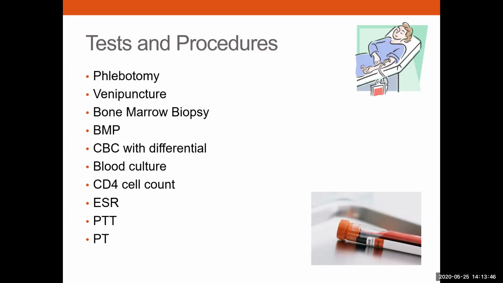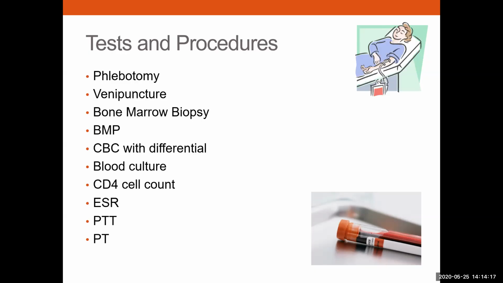Bone marrow biopsy is where we actually go into the patient's bone to get down into the marrow and remove some of that marrow and send it off for a study, which can sometimes result in diagnosis of cancer. So we do a lot of pathological examination of that tissue. And we can do bone marrow aspiration as well.